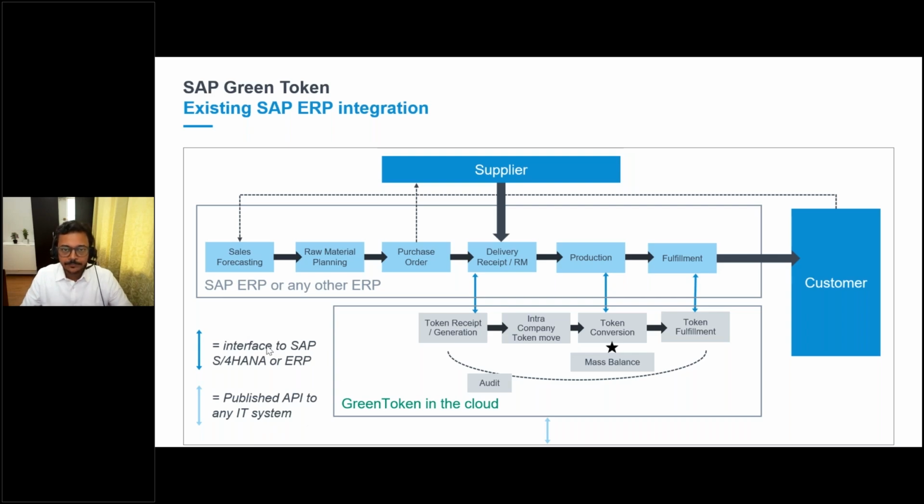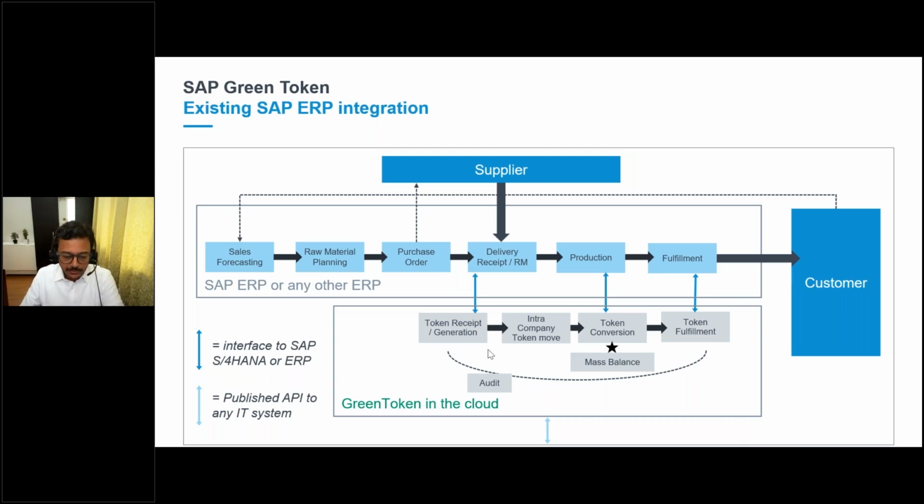The interface to ERP works through APIs or various different ways. There are open OData APIs available, and there is also native integration with SAP S/4HANA that's in the works. For any other system, you could also use generic APIs to connect to Green Token. So while it works well with SAP ERP, it can work with any other systems as well.